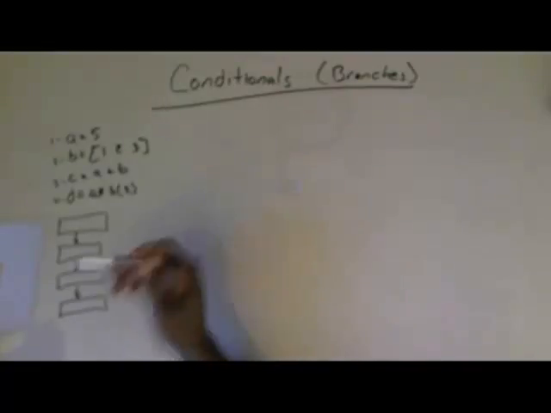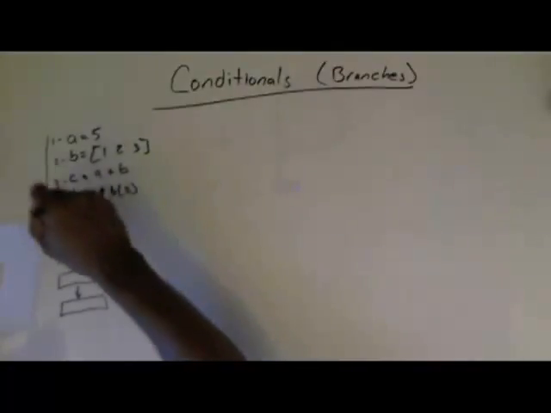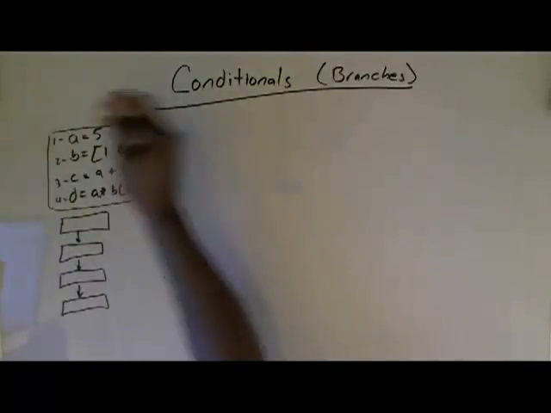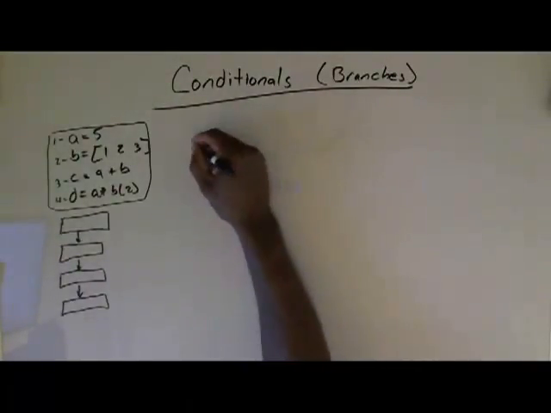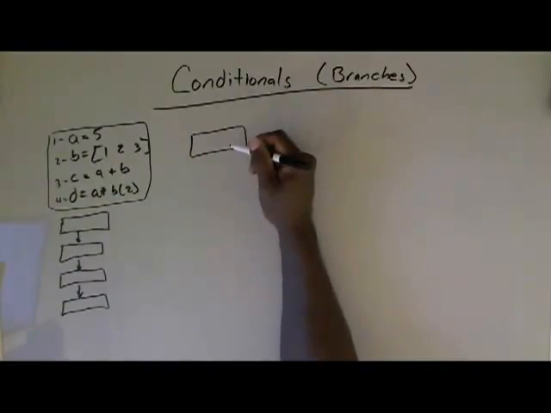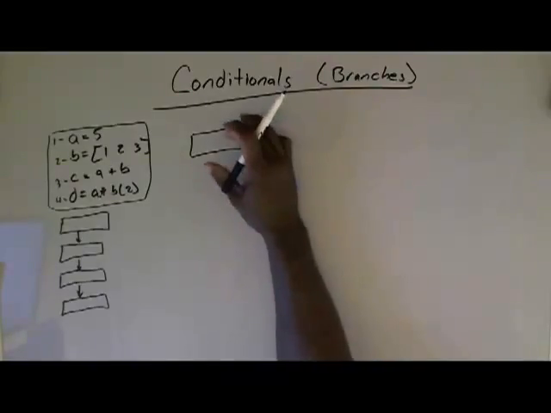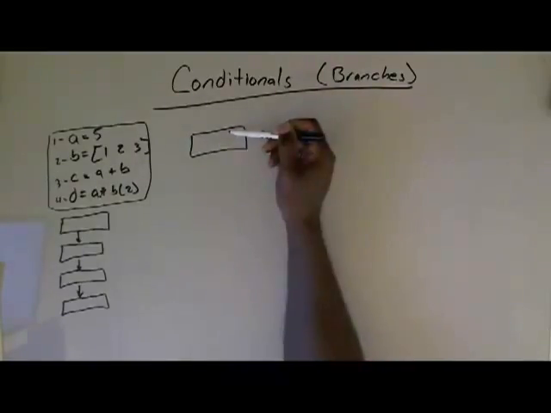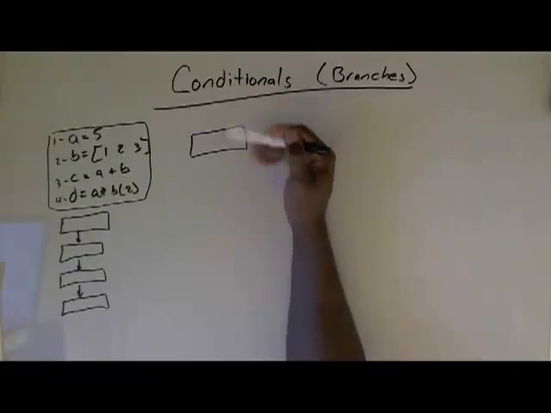I'd also like to point out that if I wanted to group all this together, I group it together in something called code blocks. So when I write these rectangles, they may have one line of code in them, they may have 2 lines of code, or many, but this represents a block of code, lines of code that are being executed sequentially one after the other.